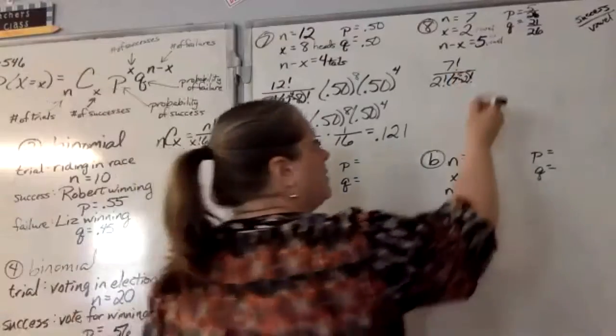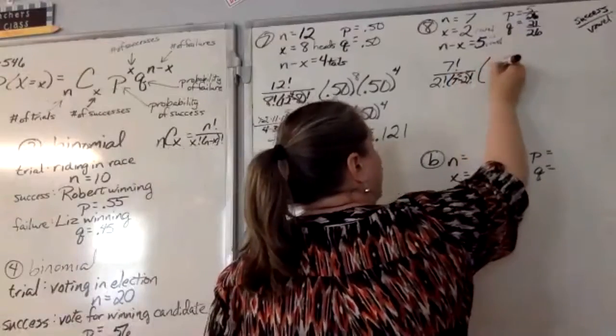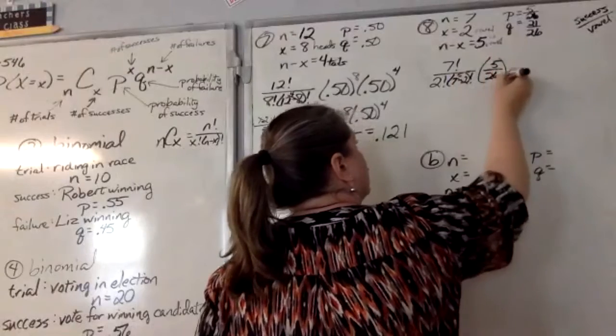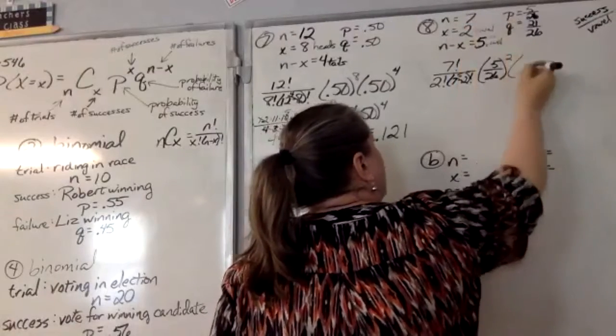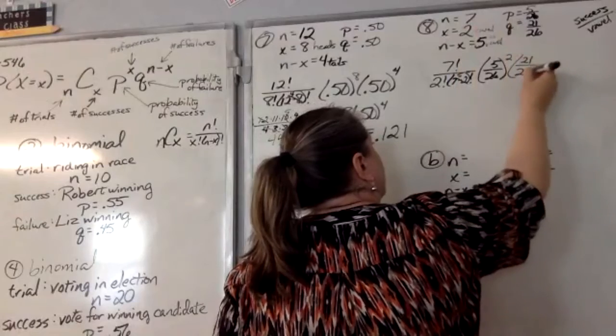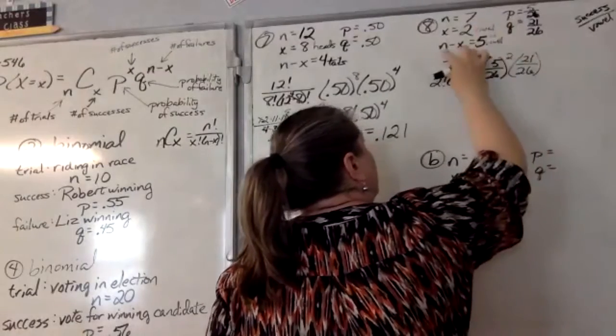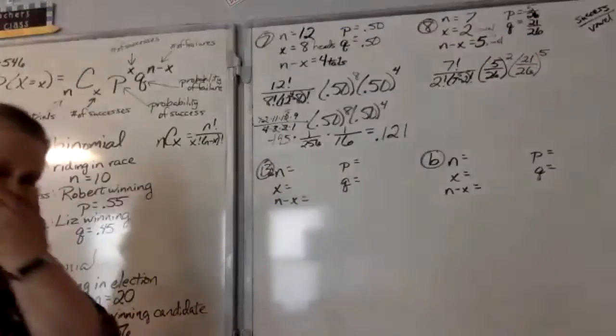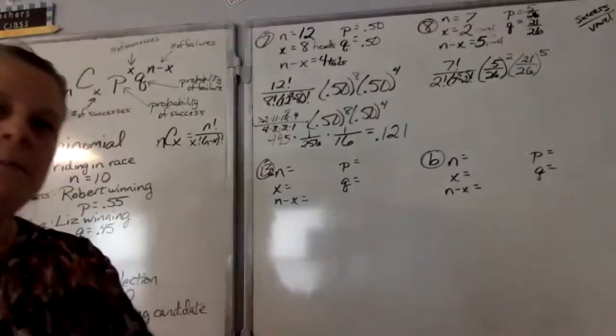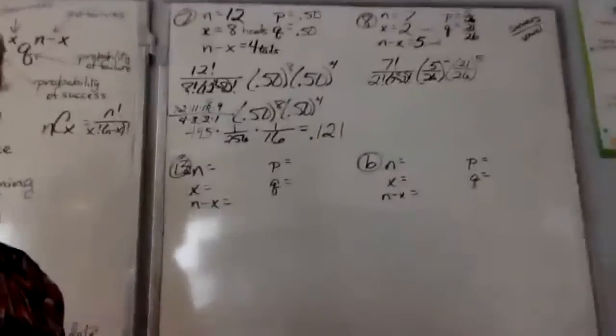And I have my probability of success, which was 5 out of 26, to the x power. And I have my probability of failure, 21 over 26, to the n minus x, or 5th power. So that's our formula.